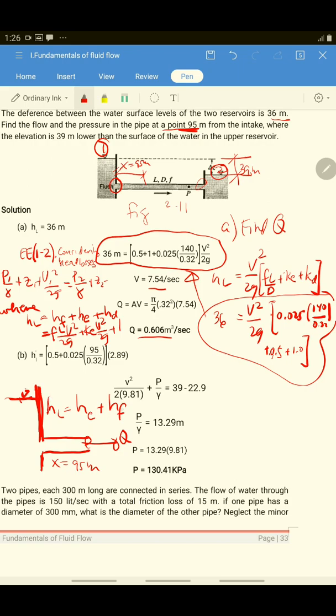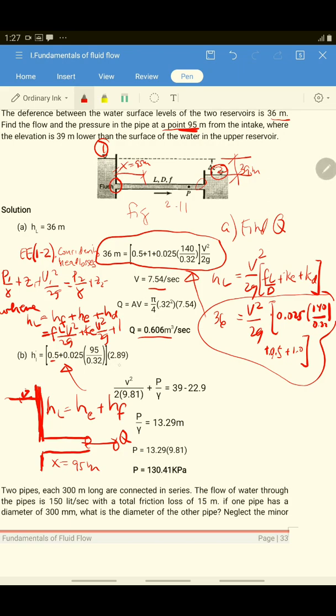So here your entrance is, no? The entrance head loss is KE times V squared over 2G, where KE is 0.5. Then HF is equal to FL V squared over 2G.